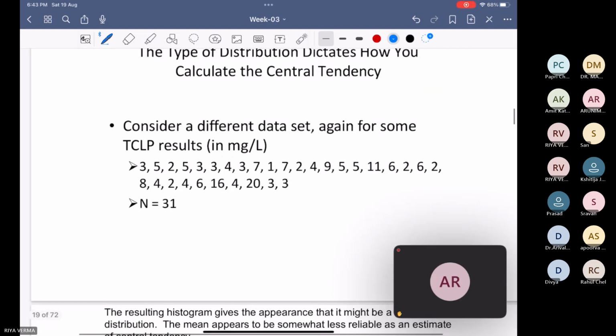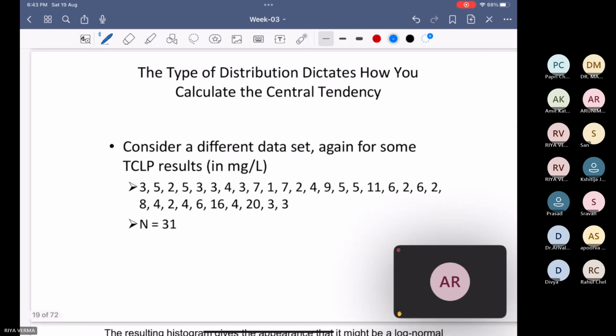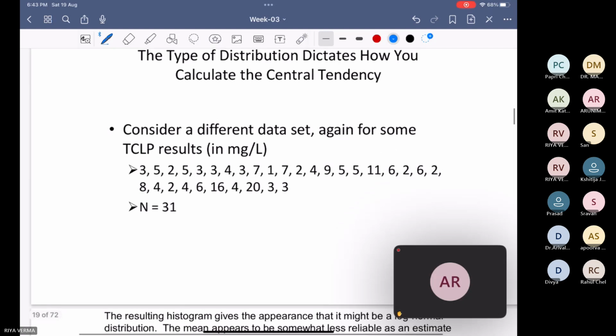नेक्स्ट अप वी हैव दिस डेटा सेट। सेम चार्ट हम फिर से बनाएंगे, सैंपल, फ्रीक्वेंसी, राइट। अभी मिनिमम वैल्यू क्या है, 1. Okay. And maximum value is 20.